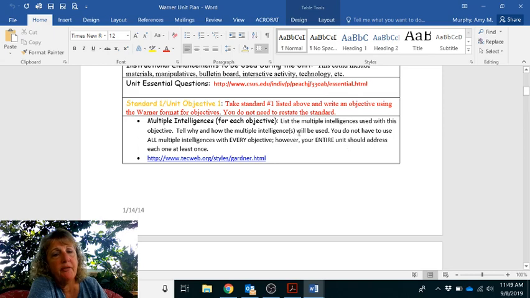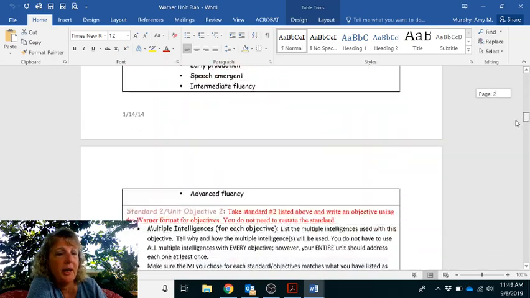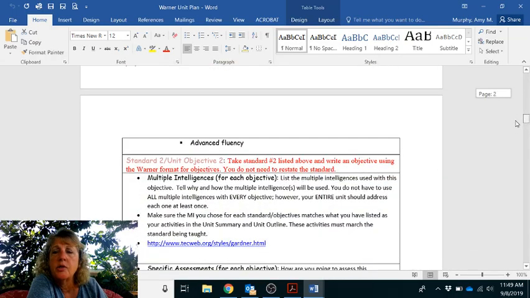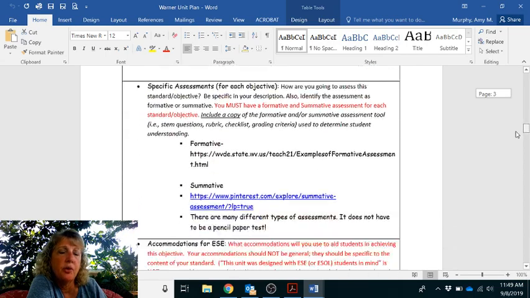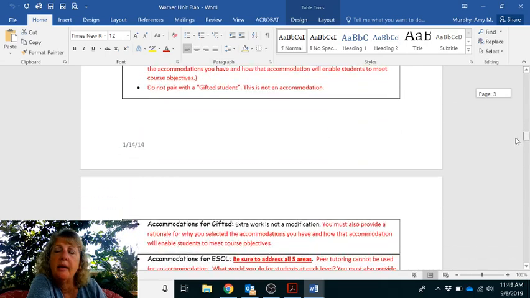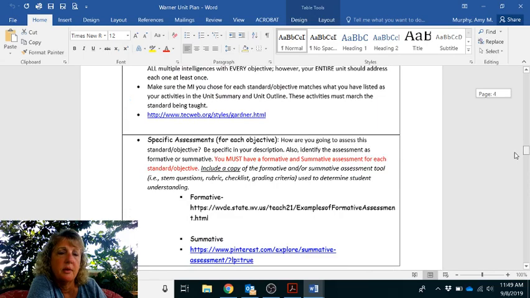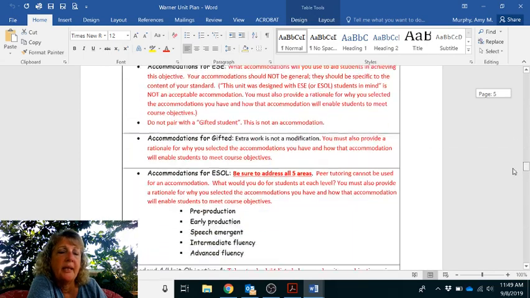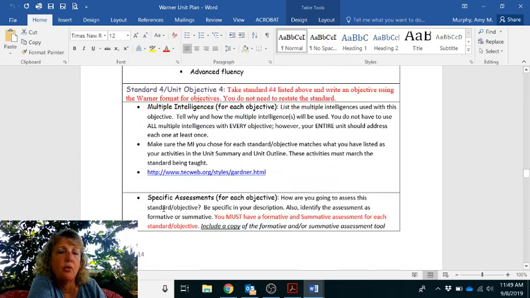In the past, what I've gotten is students won't read all the directions, and in this section right here, where it says just objective 1, they'll list all 6 objectives. And they ignore the rest of the plan. So please take time to look through the plan and see the 6 objectives sections, and then the multiple intelligence section right below each one.